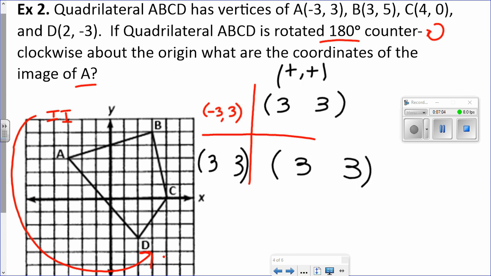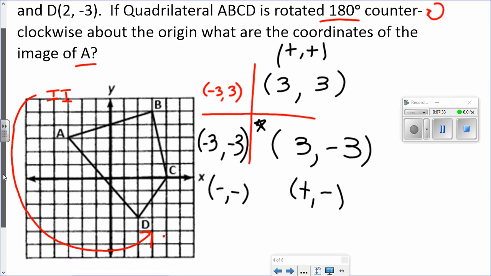So this one is going to be positive, positive. This quadrant is going to be positive, negative. And this quadrant is going to be negative, negative. So here, because this is where we need to be, in quadrant 4, this should be at 3, negative 3. Quadrant 3's coordinates would be negative 3, negative 3, and quadrant 1 would be positive 3, 3.